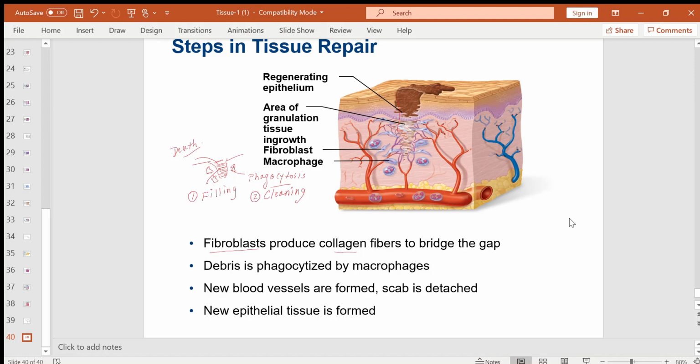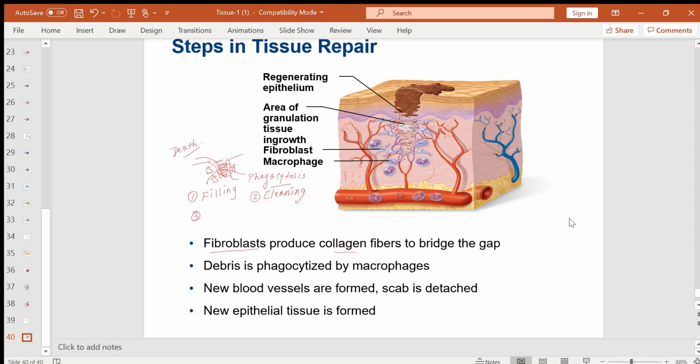and then branching. Next, from the adjacent blood vessels, branches will enter into that newly formed tissue, because tissue needs blood supply, right? So from the adjacent blood vessels, branching will be produced and branches will enter into the tissue.